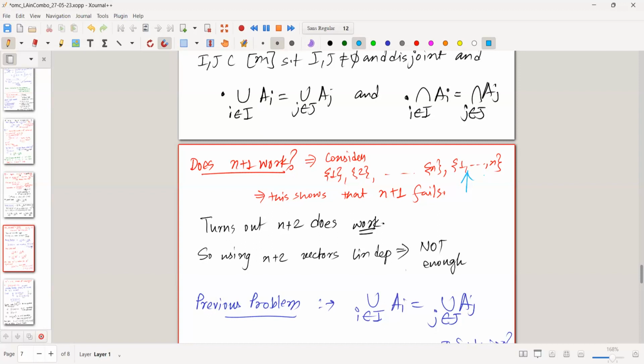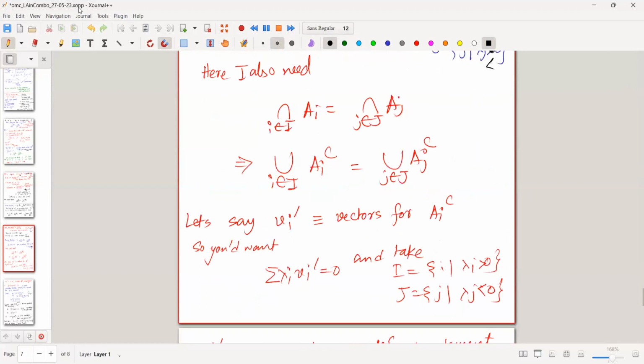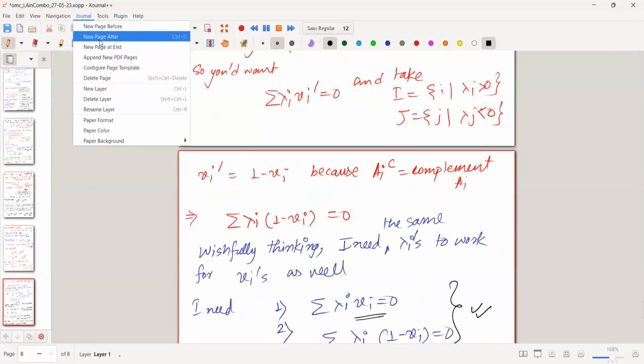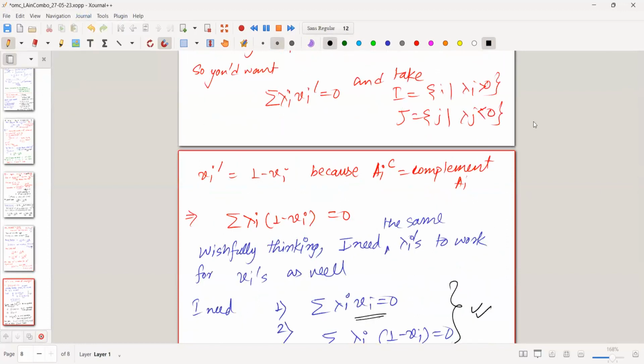So that is n+1 subsets: n singletons and the complete set. If the lambda value for this set is not equal to 0, then this is going to fail. This is basically equivalent to taking n vectors, and it reduces to the previous case. Yeah, it's not very hard to figure out. Okay, so that concludes this problem.